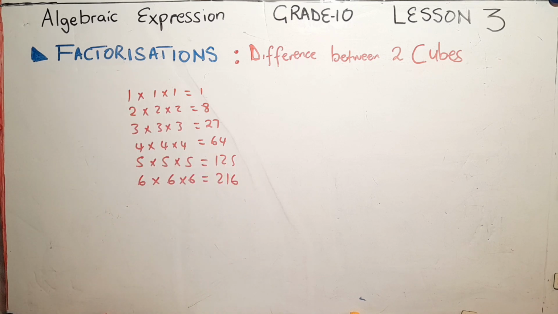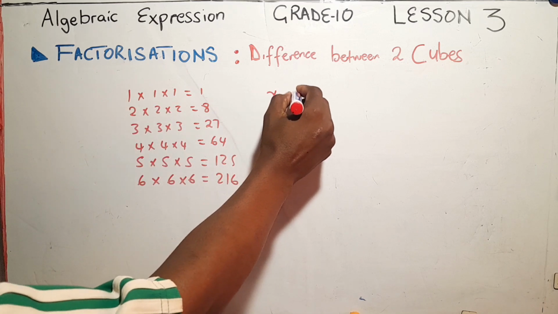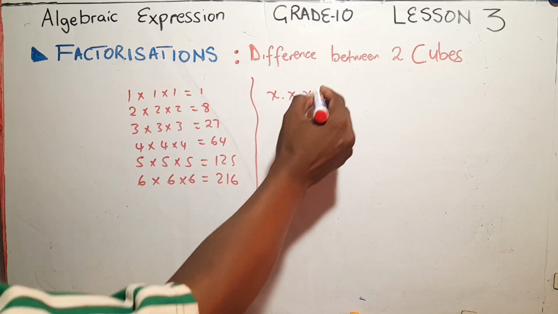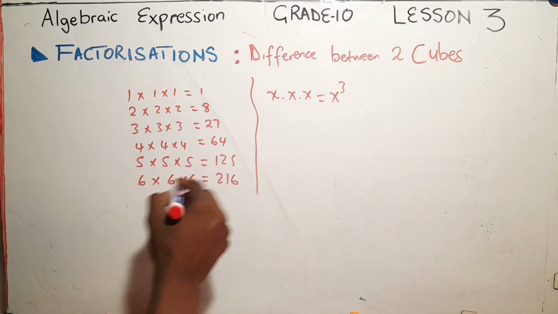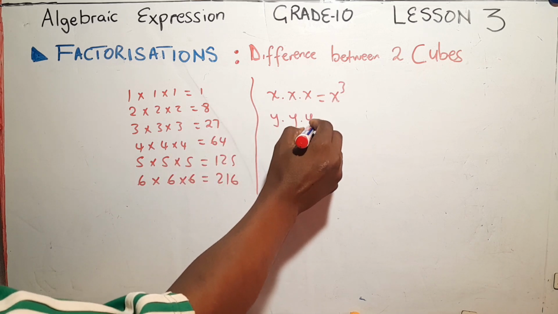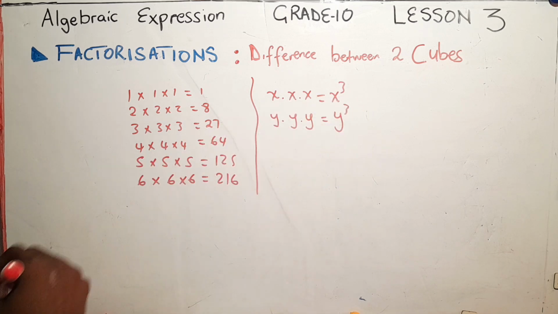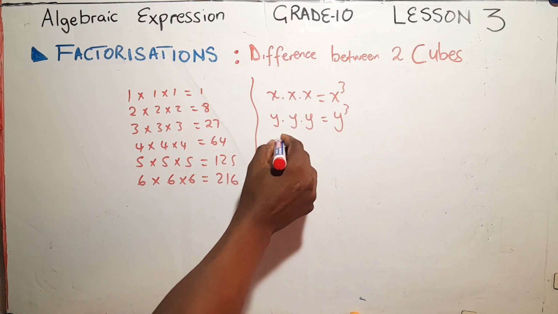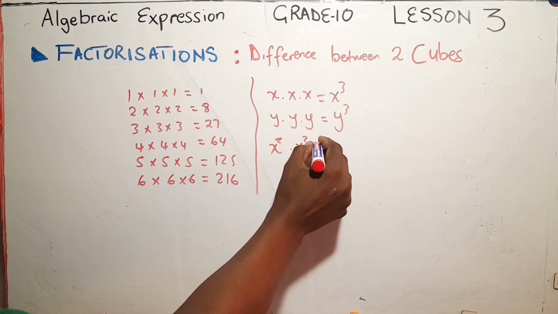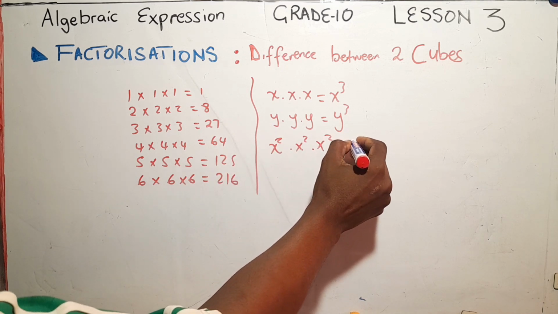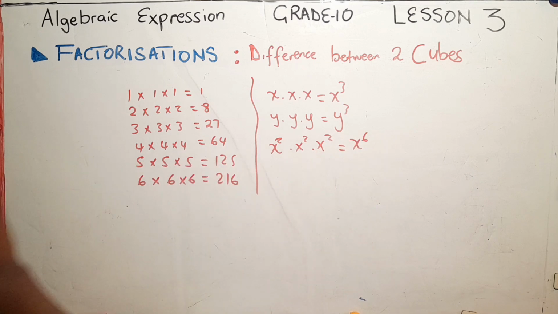You can get the idea of what is happening here, right? And also if we're having x multiplied by x multiplied by x, this is x cubed. y by y by y, this is y cubed. And if you're having x squared by x squared by x squared, this is x to the power of 6.